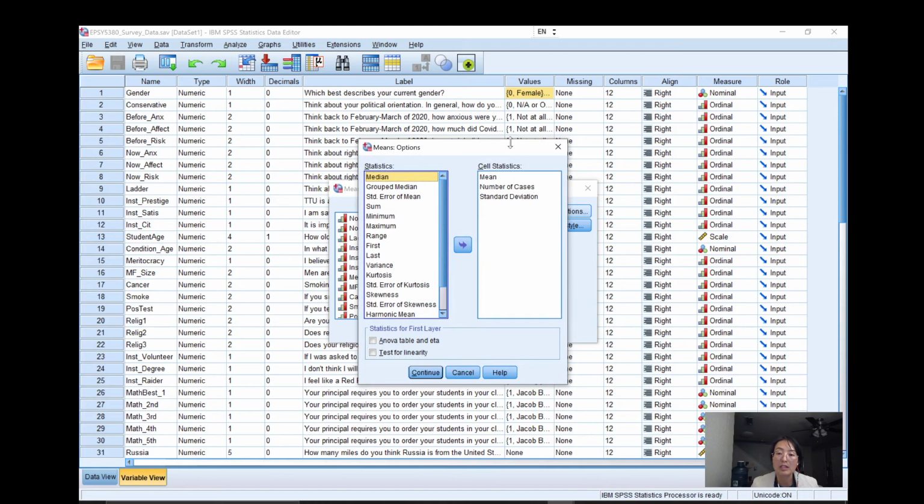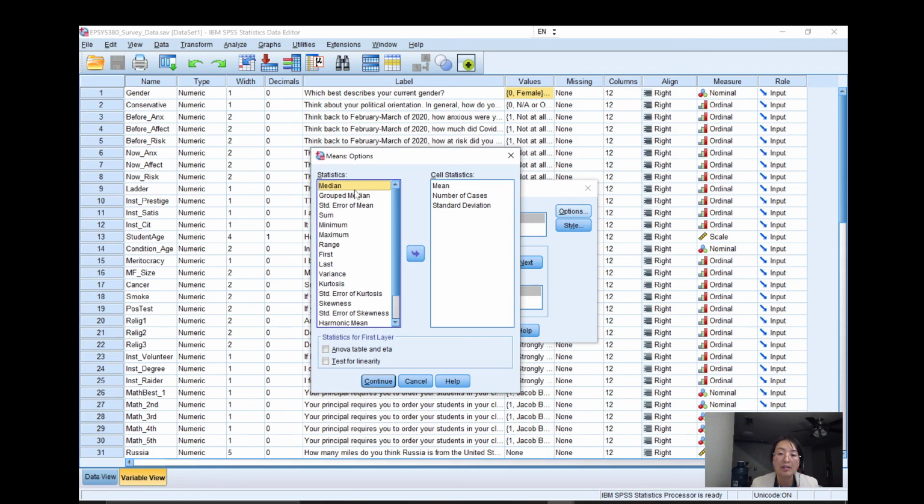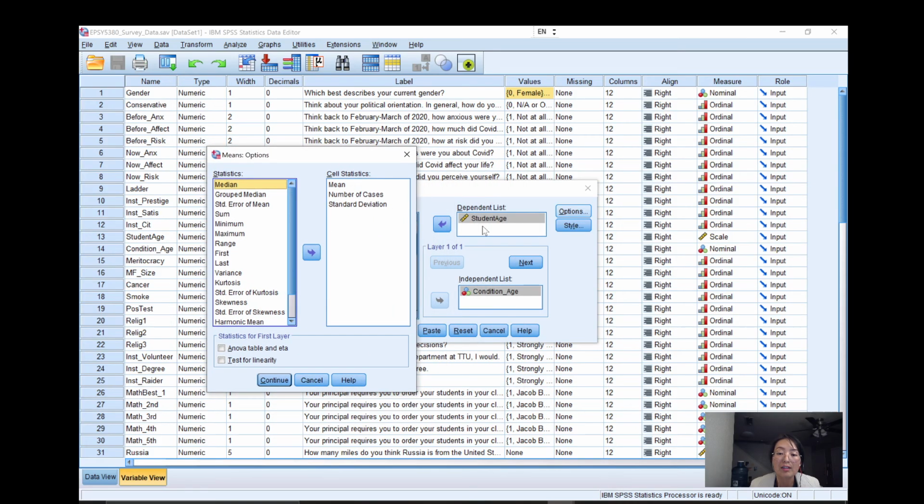Okay, and then we click the option. What you see here are the default selected statistics that you can include when we check the age difference by the condition of the name. Now I am going to deselect this because we haven't touched on this yet, and I'm just going to select mean and number of cases.